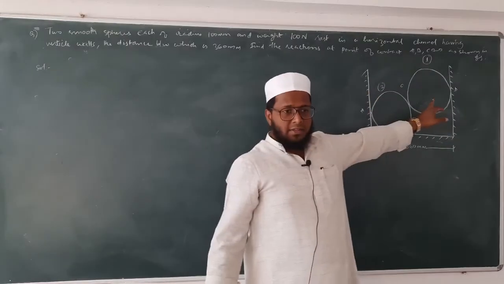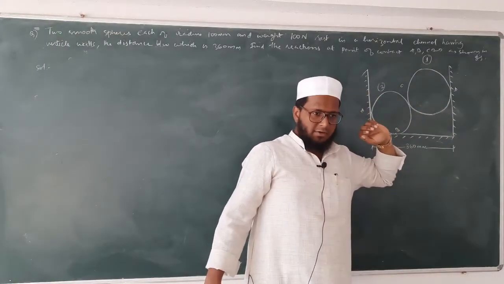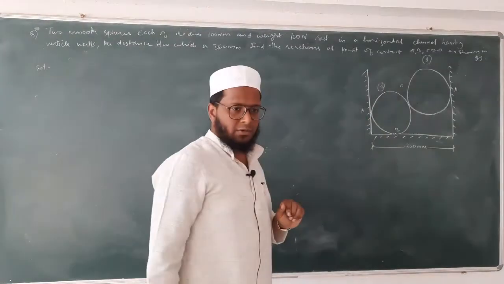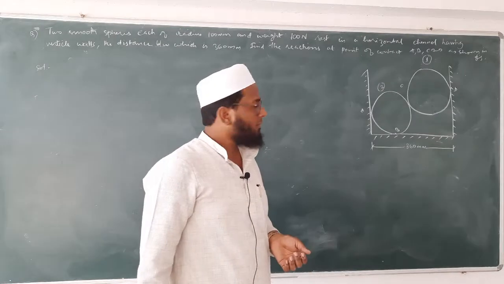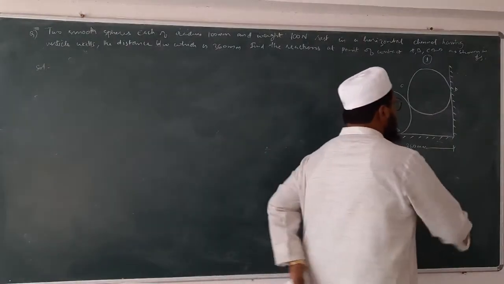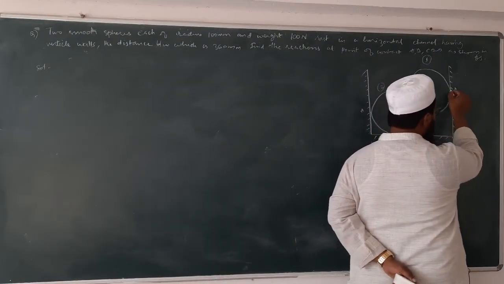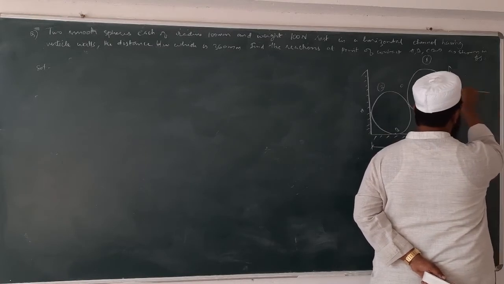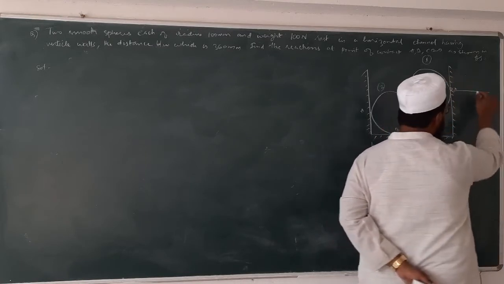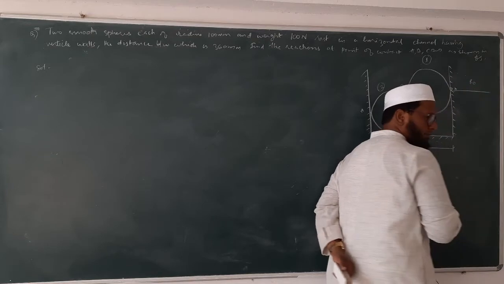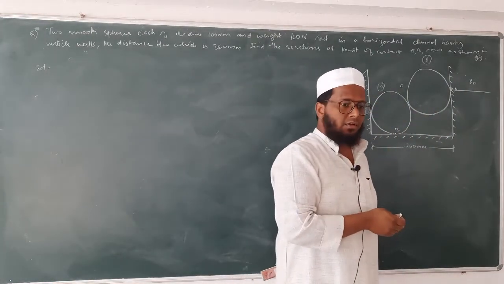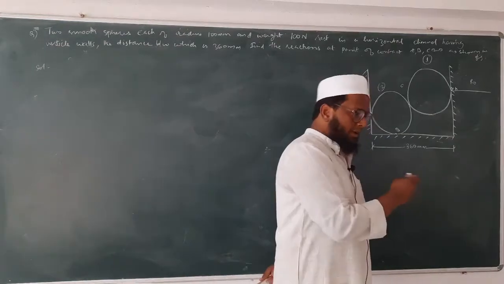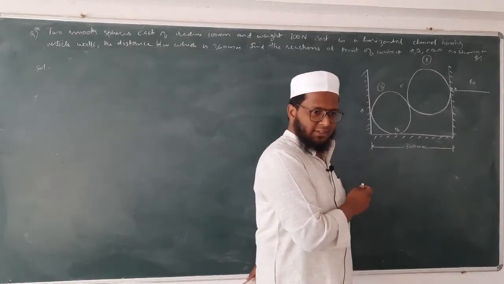So first I will take first sphere. So how to take that one now? How many reactions are acting on sphere 1? See here, one reaction is acting from this side, that is RD. Since the surface is exactly vertical, the reaction will be perpendicular to the surface, isn't it?